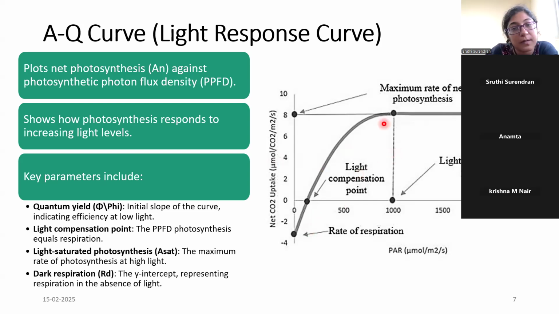From the AQ curve also, we are getting a bunch of important information. One is the quantum yield, which is nothing but the slope. You can see that as the light keeps increasing, carbon dioxide uptake keeps increasing. Up to one portion, it is a linear curve. So what is the slope of that linear portion of the curve?